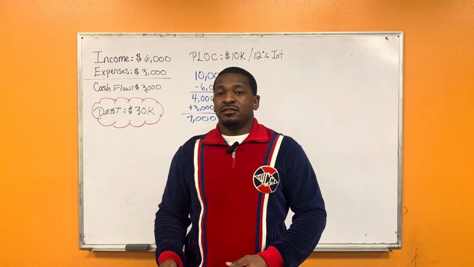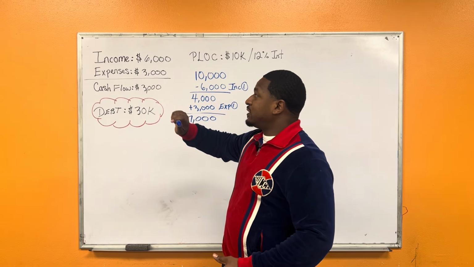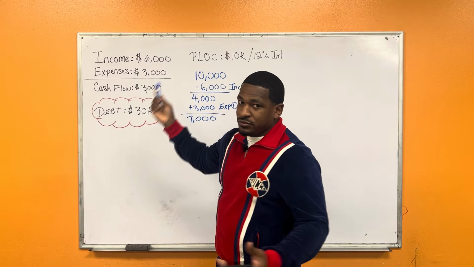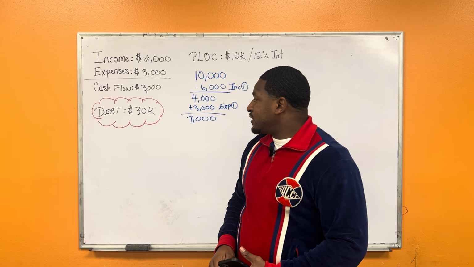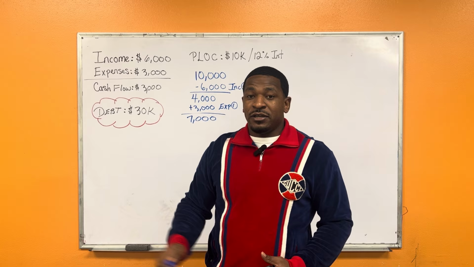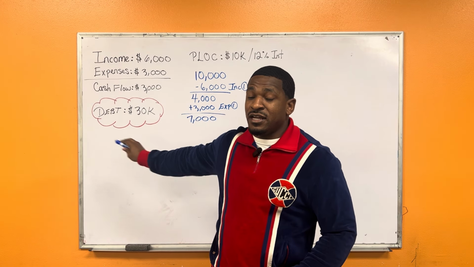Okay, now the next step. So we've calculated cash flow: 6,000 minus 3,000 equals 3,000. So you've got a healthy cash flow in this example. We have a debt of $30,000, and we have to knock that $30,000 down.